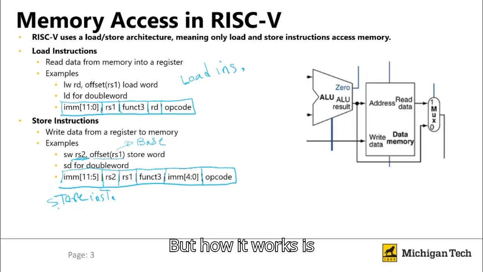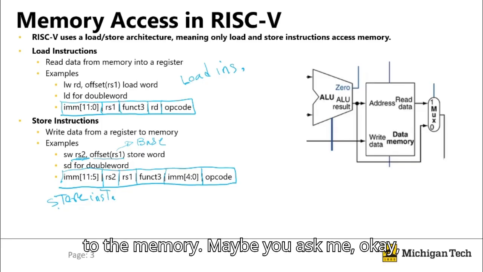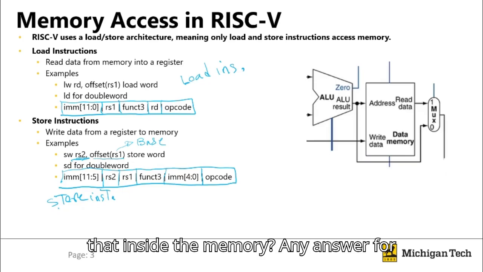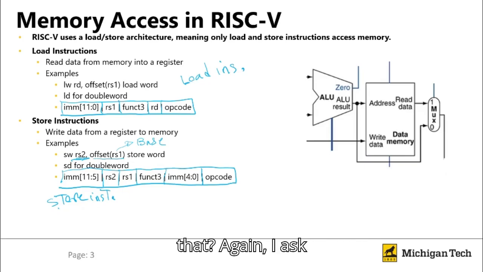But how it works is just storing that register to the memory. Maybe you ask me, okay, this register is 64 bits. How do you store a word of that inside the memory? Any answer for that? Again, I ask the question again.